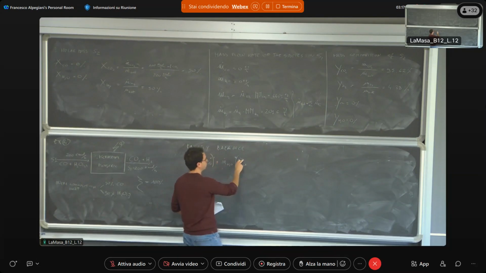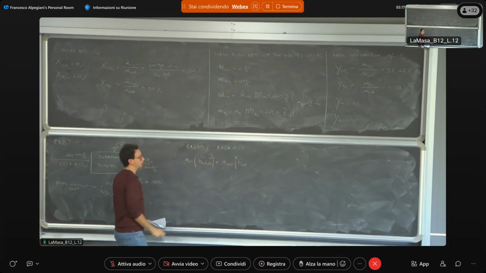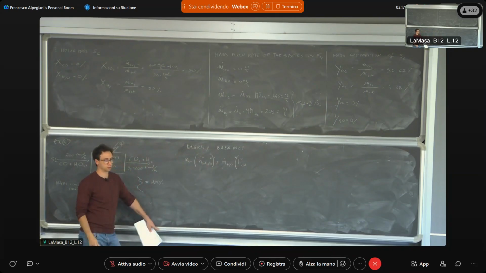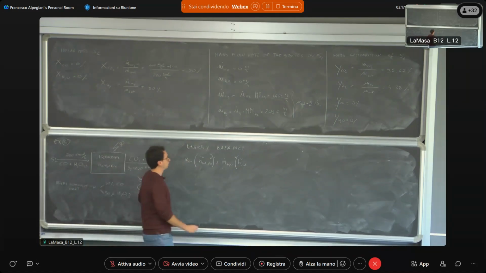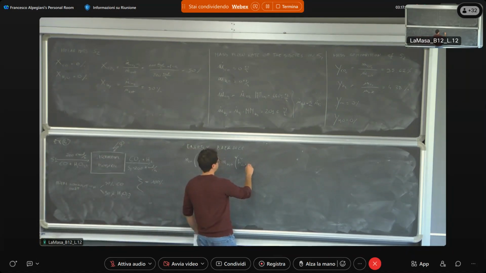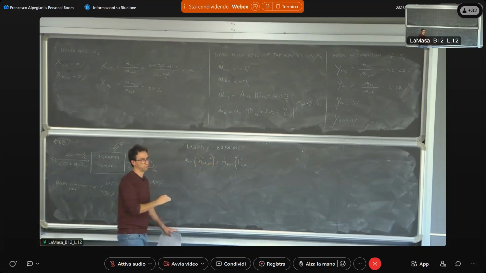The dot-over-H sign indicates that this is on a molar basis, but you can do the same on a mass basis.